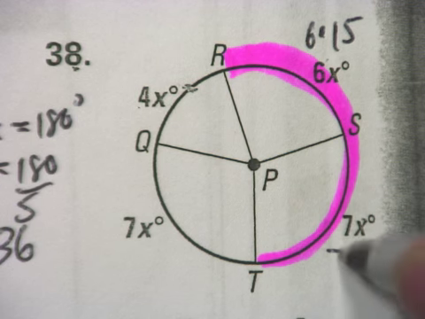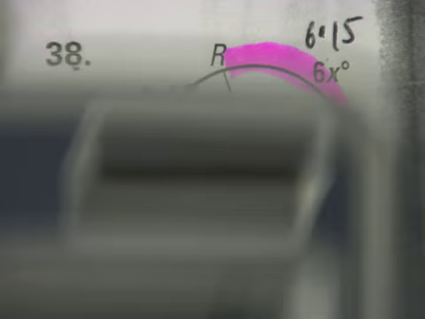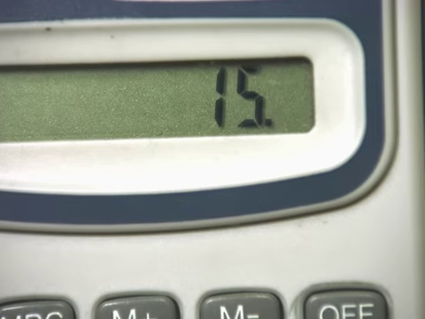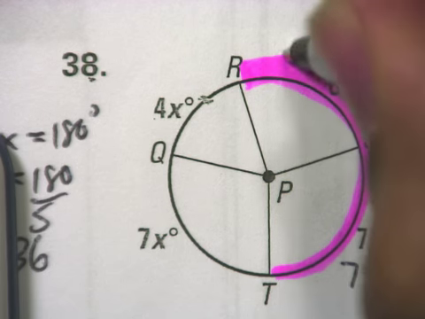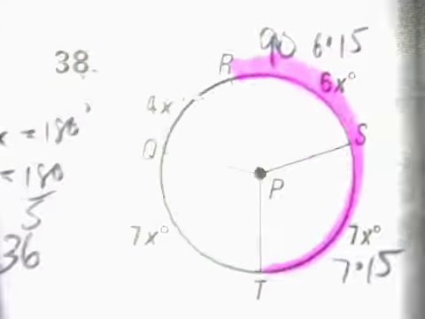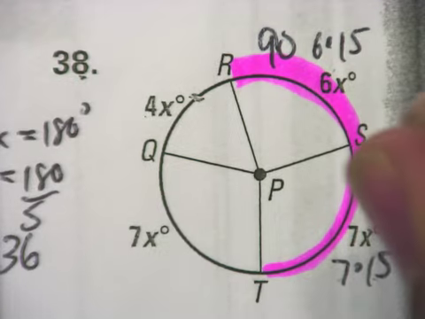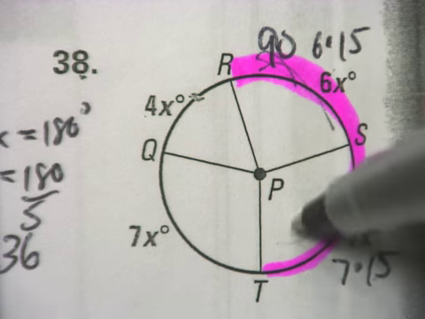Well, remember that x is how much? x is 15. So this is going to be 6 times 15, and this is going to be 7 times 15, and whatever we get, we're going to add them together. So let's do that. 6 times 15 is 90, so this is actually 90 degrees here. And 7 times 15 is 105.